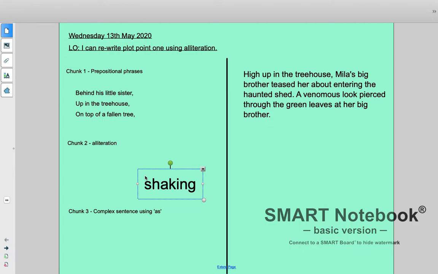Okay, so some words that have the same starting sound, that sound at the start, could be shivered, shape. Now I don't know if that will link too much. Okay, shy, shaken, and shadow.